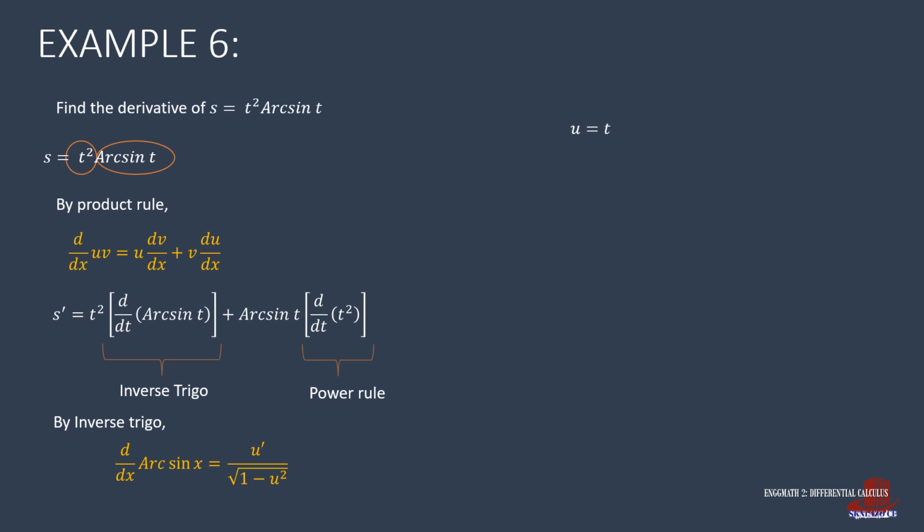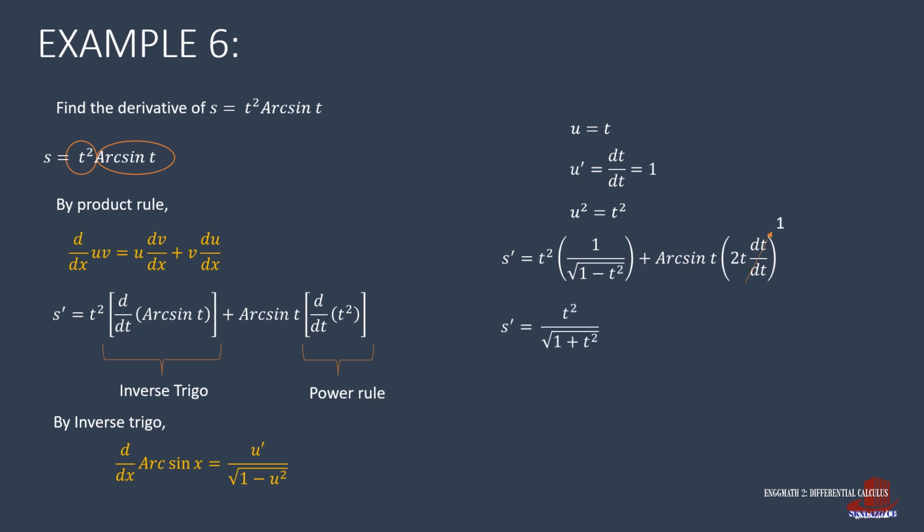For the inverse trigo, we identify u as t, and its u prime is taken as 1. U squared is t squared. Plug them into the s prime equation to have t squared times the reciprocal of the root of 1 minus t squared plus arcsine of t times 2t multiplied by dt all over dt, which is 1.